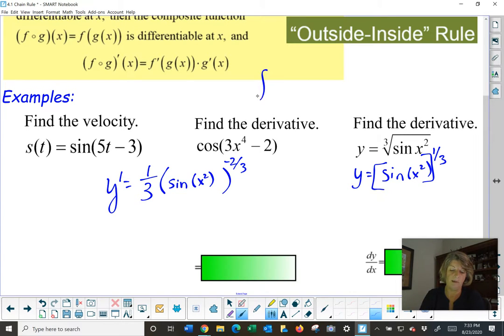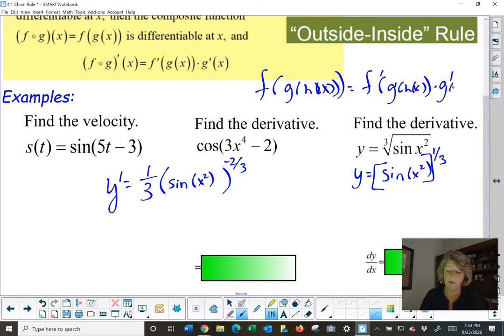So that would be like if I had 3 levels, f of g of h of x, I would have f prime of g of h of x, times g prime of h of x, times, finally, the very inner piece, h prime. So I'm going to have 3 chain offs.